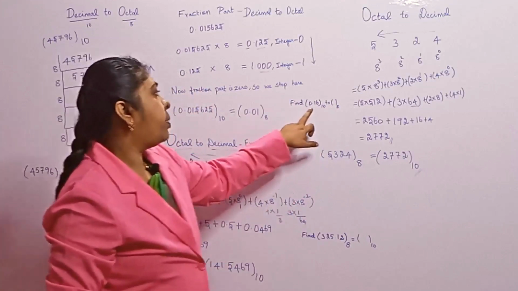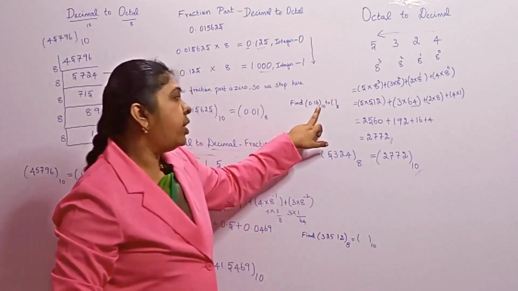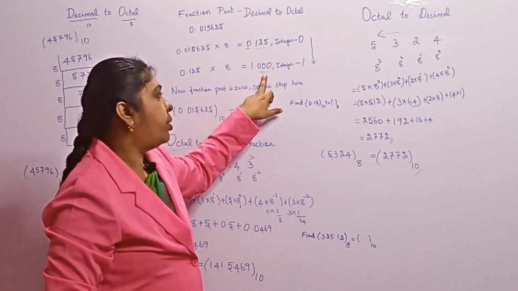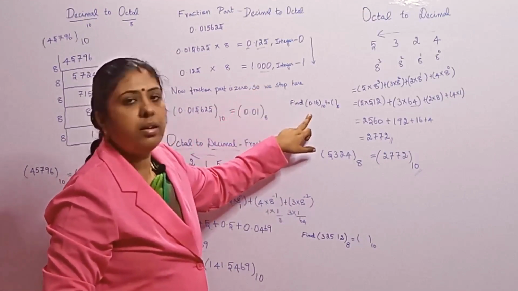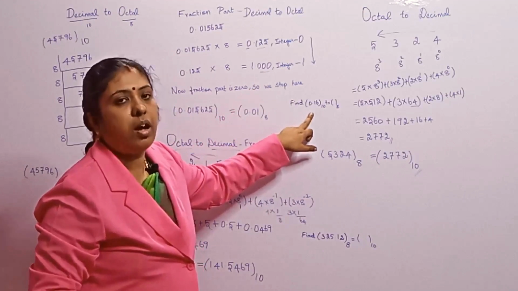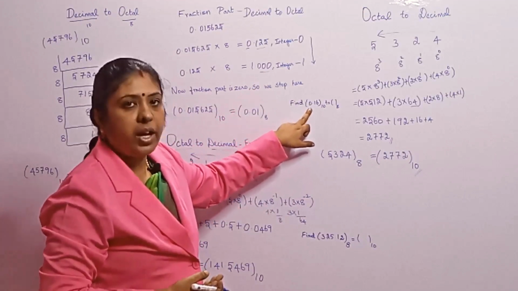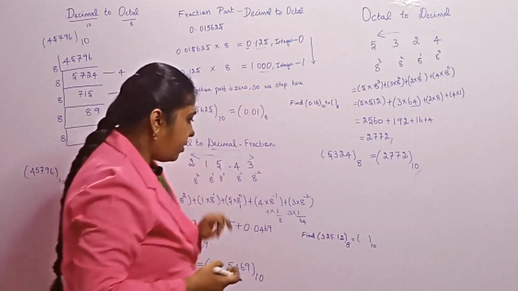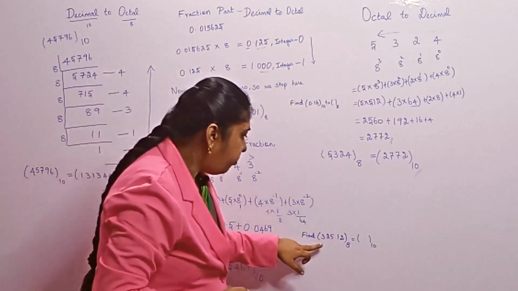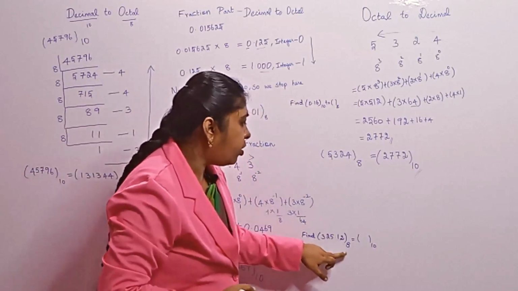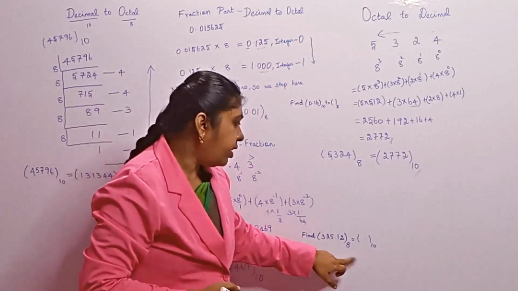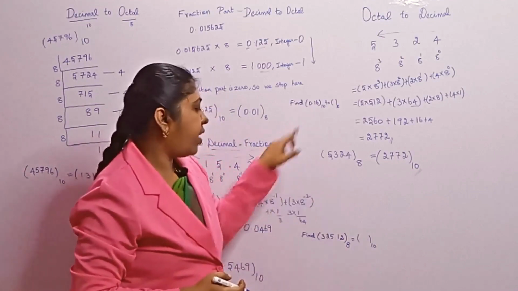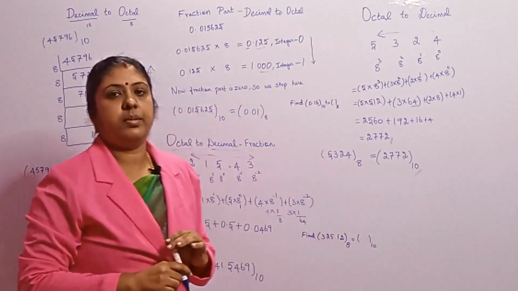In this example, 0.16, you will not reach 0.000 as in the earlier example, so you can either convert for 3 iterations or stop at 5 iterations. That is your own wish. And next, another small work: 325.12 to the base 8, convert it into the decimal value and write all those values in the comment section.